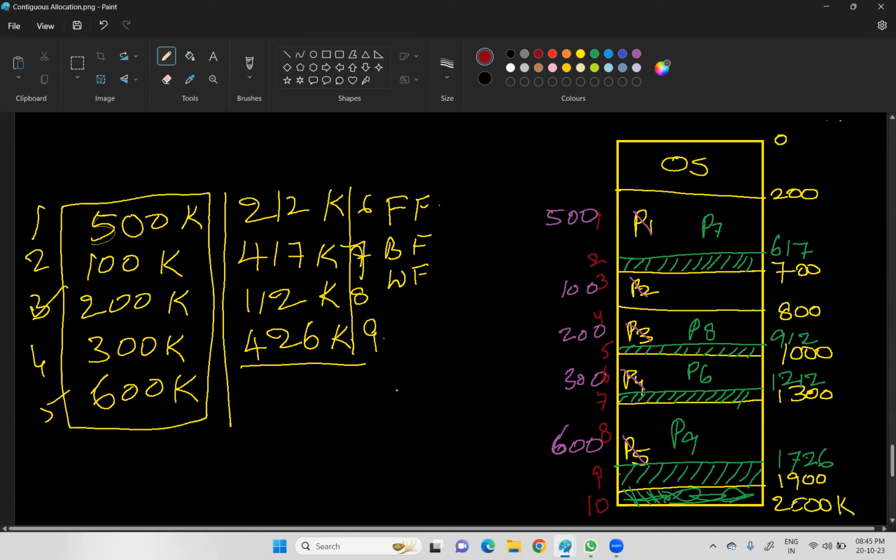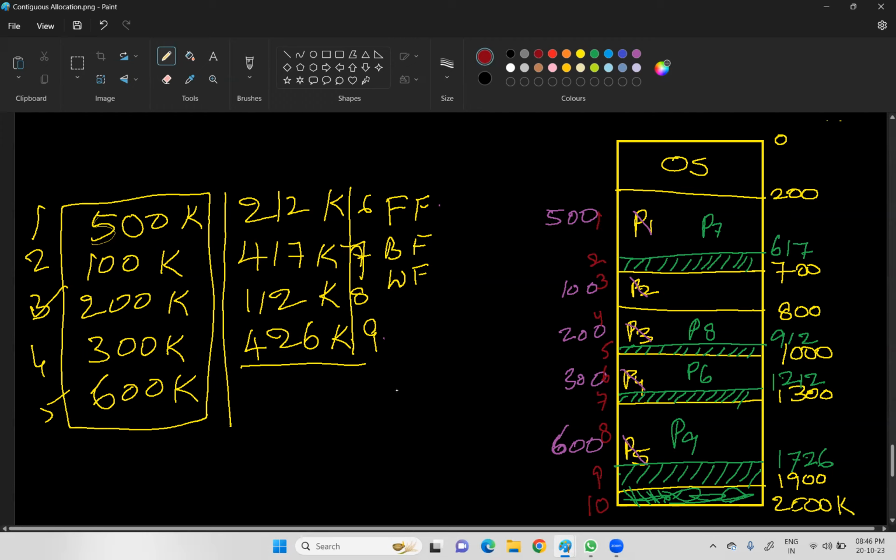If further jobs arrive, things will not work out properly for contiguous memory allocation. For example, a 10th job arrives with some 500 kilobytes and so on. They could not be allocated, though the total sizes are available as a whole. The sizes are available to fit the job, but they are not contiguous.